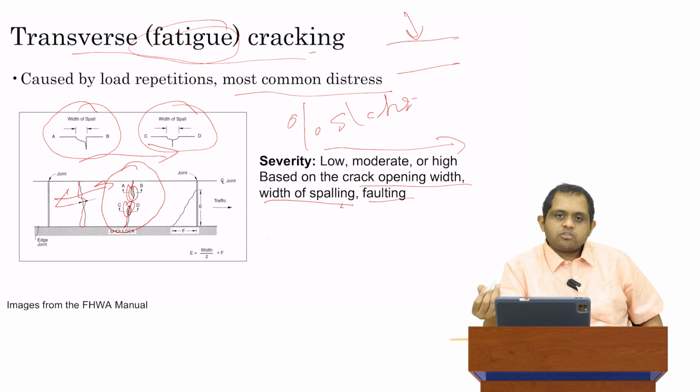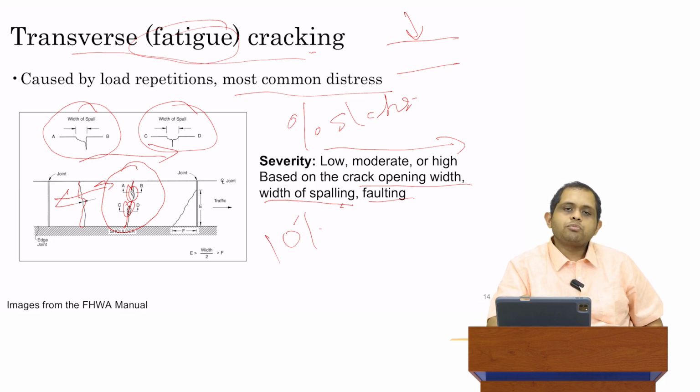Now, if it's an expressway, if it's a large highway, maybe the only tolerable limit there might be 10%. That if more than 10% of slabs within a couple of kilometers have cracked, then you probably should go back and do some amount of maintenance. Whereas if you're more on a local road where you expect low volume of traffic, many urban roads, you might be able to tolerate maybe 20, even 30% of slabs which are cracked.